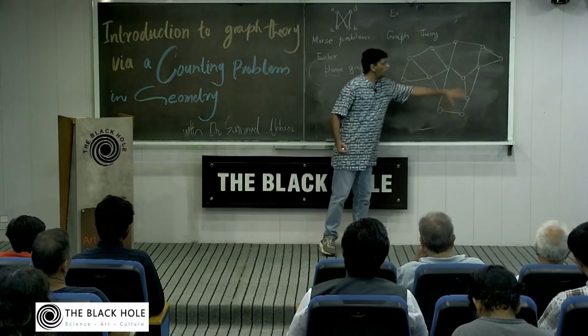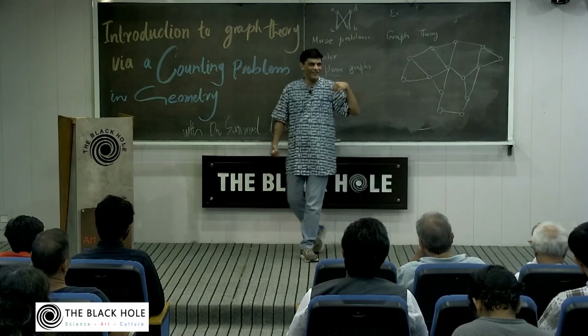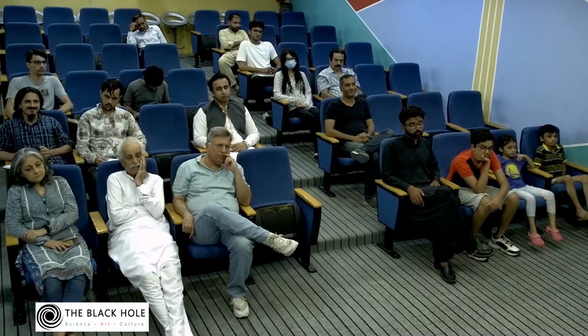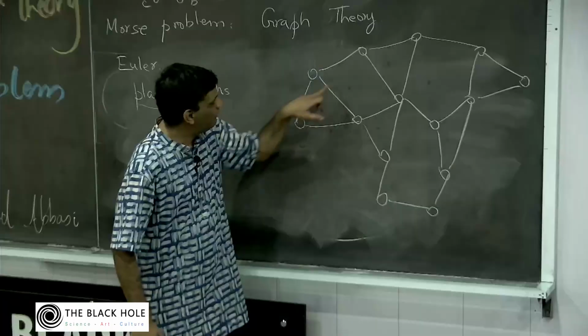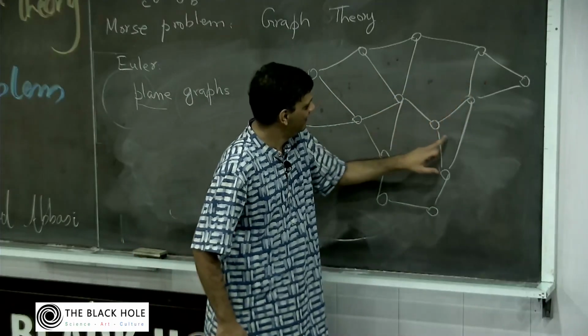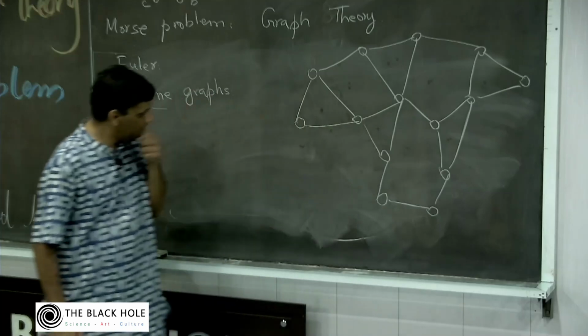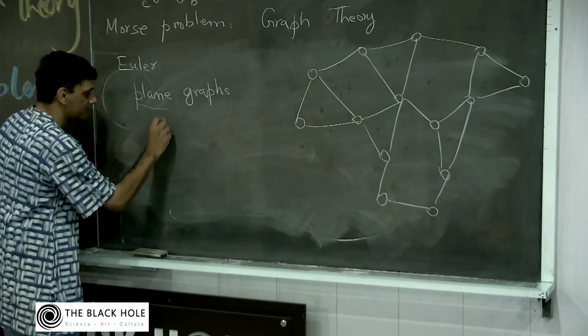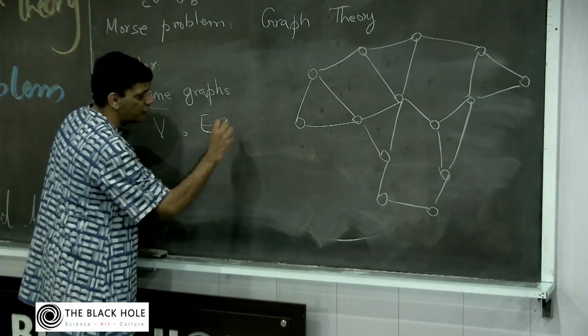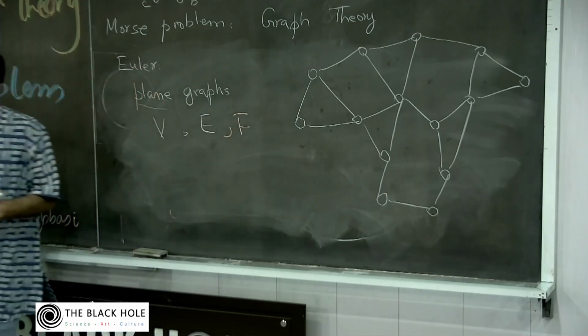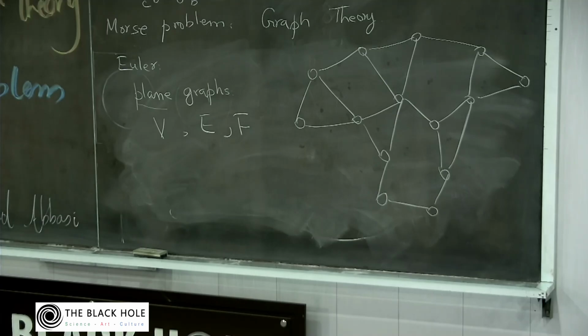They count the outer region also. So they'll say there are 9 regions here, right? So here we have 1, 2, 3, 4, 5, 6, 7, 8, 9 regions. So we have vertices, we have edges, and we have regions or faces. They're sometimes called faces, right?